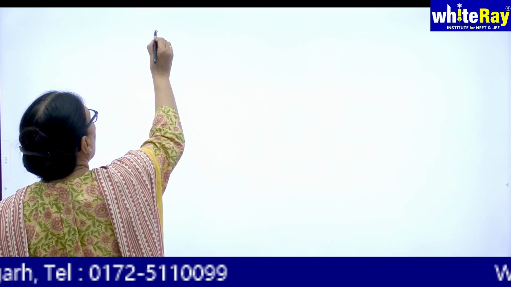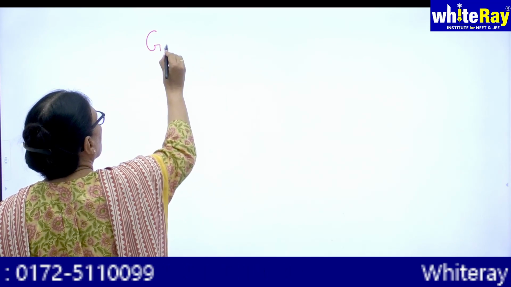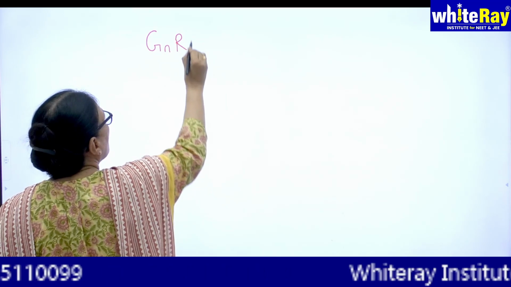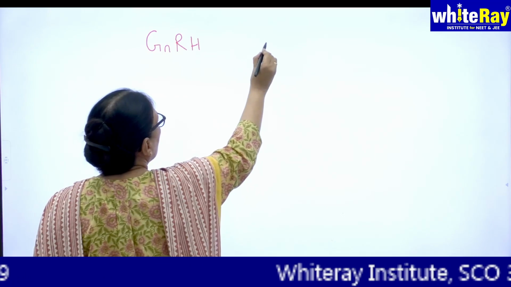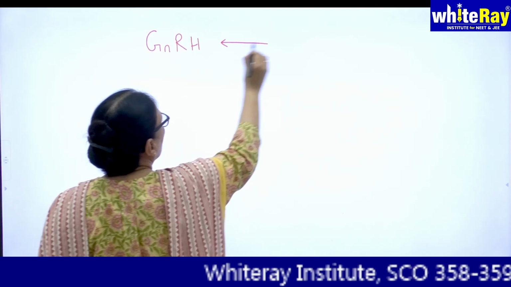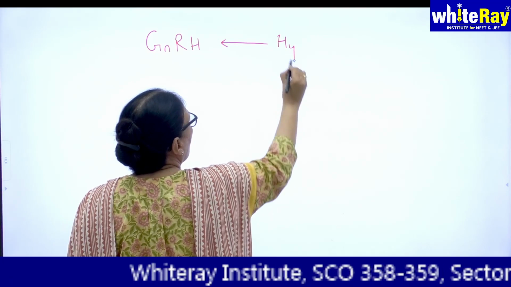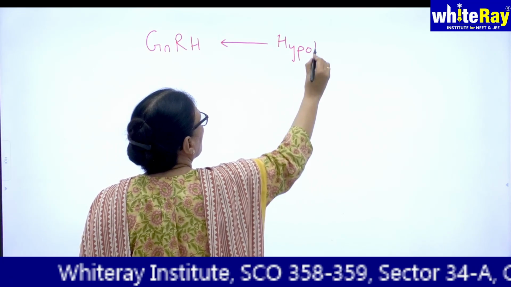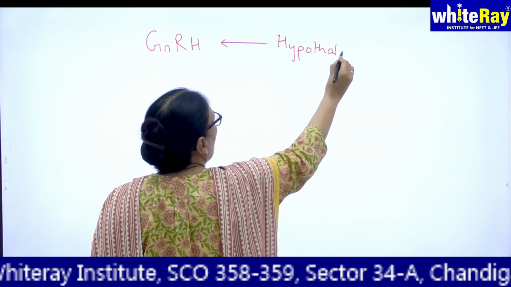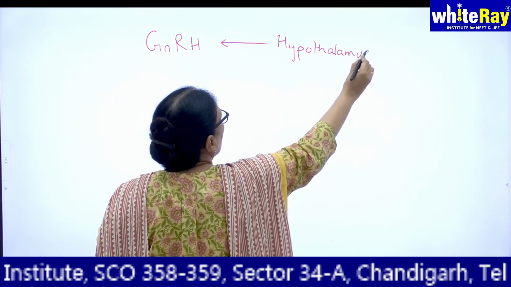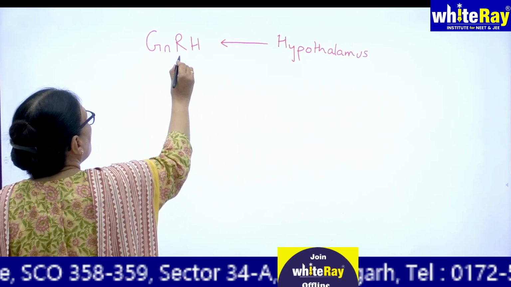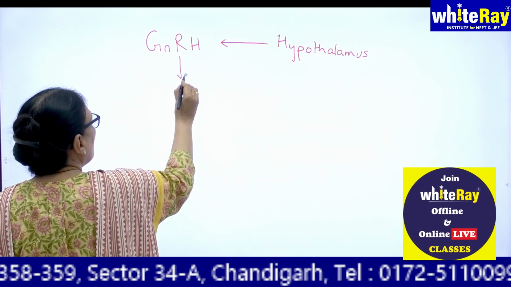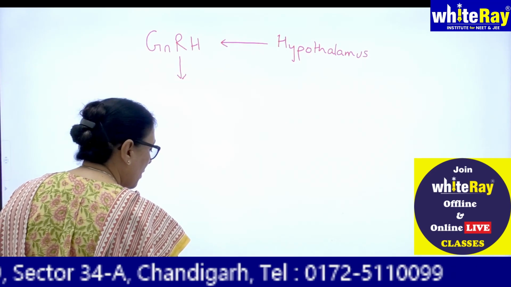So coming back, who secretes GnRH? Gonadotropin releasing hormone is secreted by the hypothalamus. And what is the target organ of GnRH?